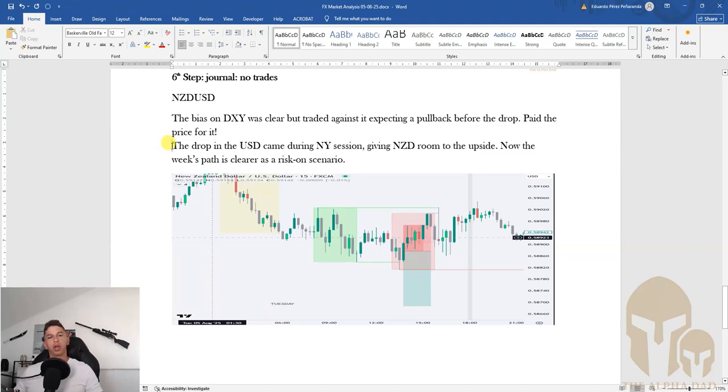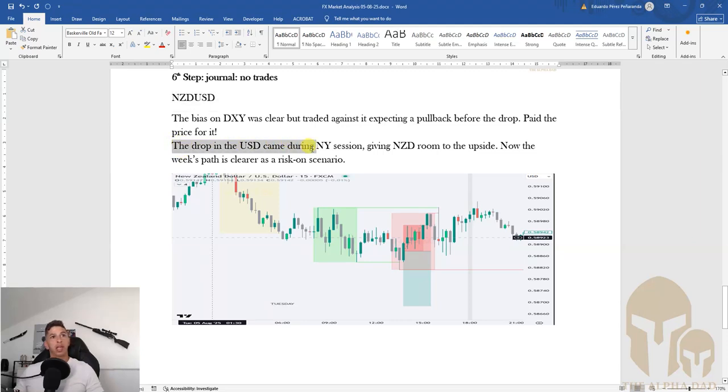So we try not to trade against the intraday trend, and even more so the higher time frame trend, right? And here the higher time frame trend was bearish in the dollar, so NCD USD was going to go up.